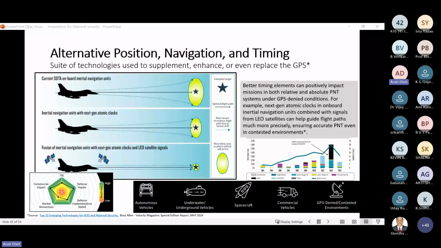And the use cases that we see here are autonomous vehicles, underwater or underground vehicles, spacecraft, commercial vehicles, and GPS-denied or contested environments.